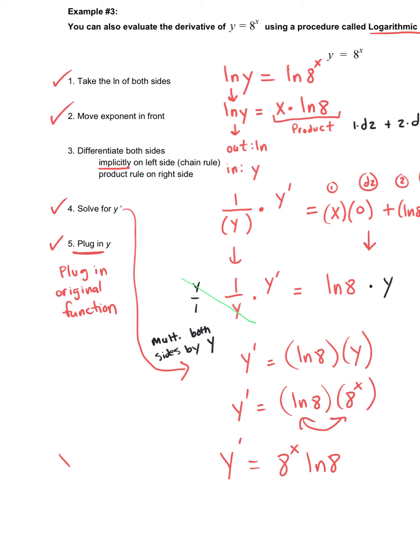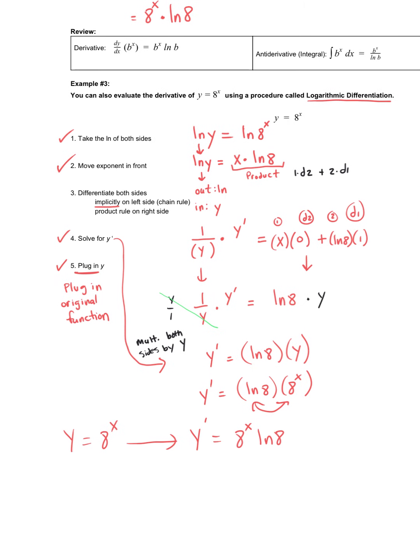When we take the derivative of 8 to the x, we know, following our formula way up here, we can use that formula. Here it is, 8 to the x ln 8, but we used logarithmic differentiation. All right, those are the steps.